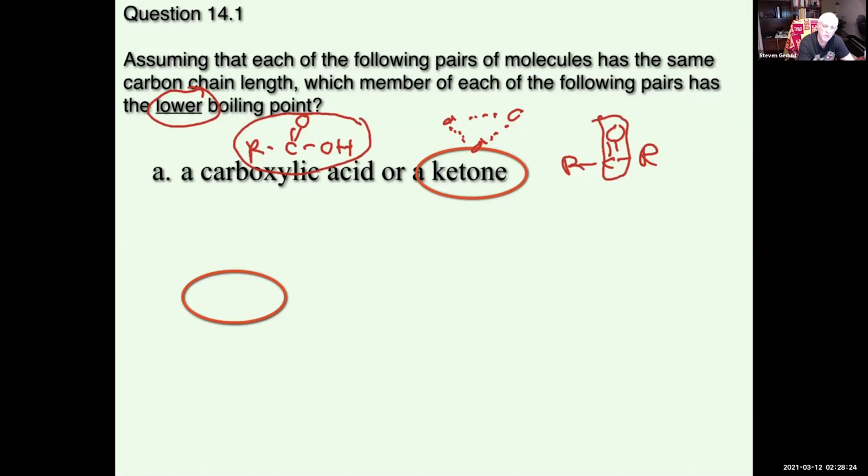So the lower boiling point is going to be the ketone, because it has less forces holding the molecules together, so it's easier for those to break apart and boil at a lower temperature. So no matter how I ask the question, you'll be able to answer, right? I could say higher boiling point or lower boiling point. If it's a higher boiling point, you have greater forces holding it together. If it's a lower boiling point, you have less forces holding it together.